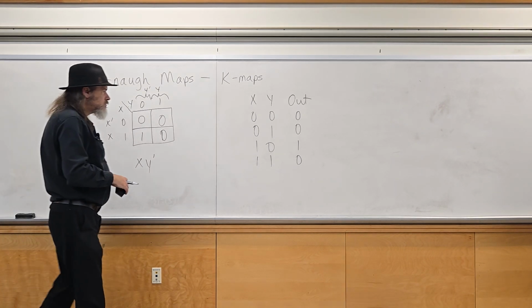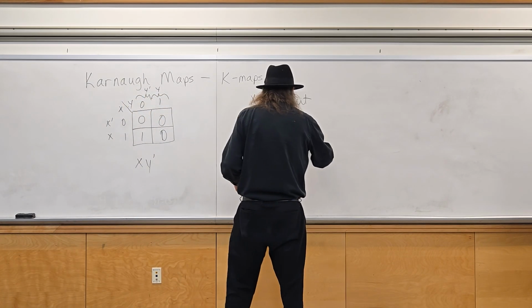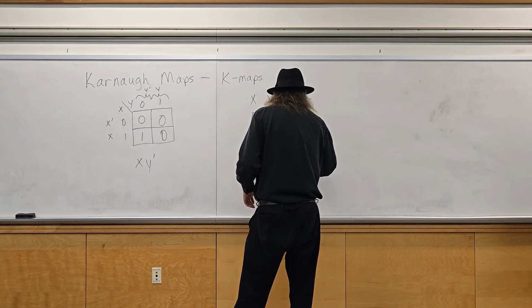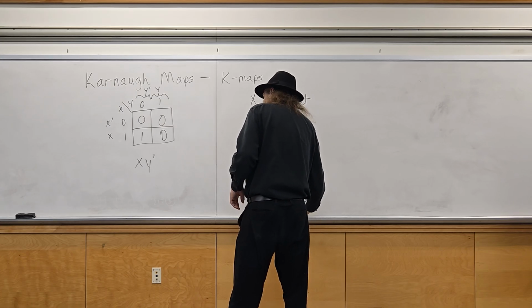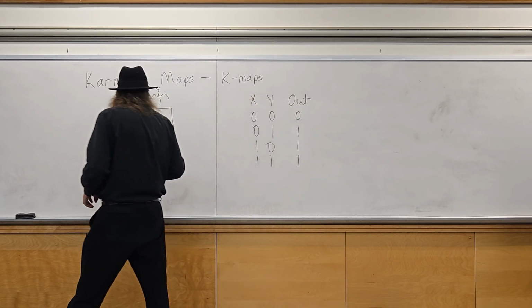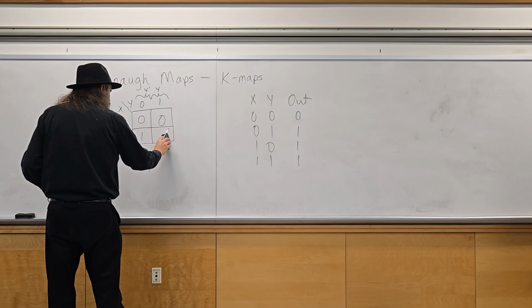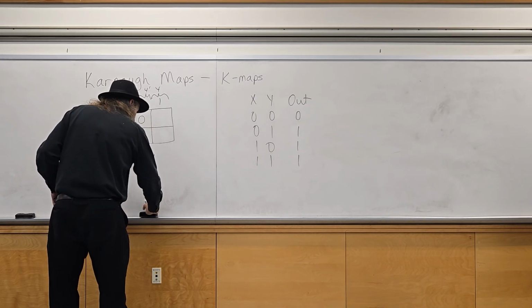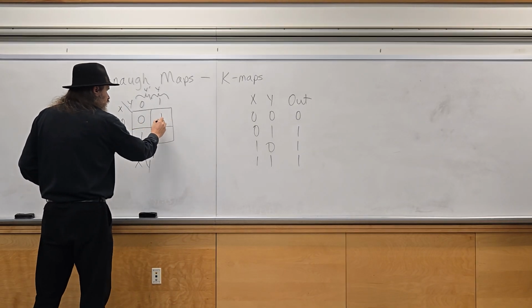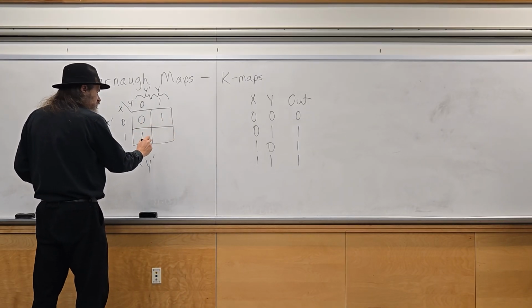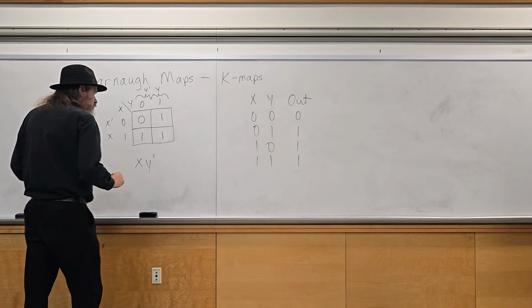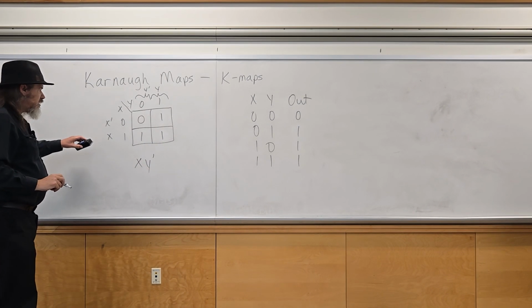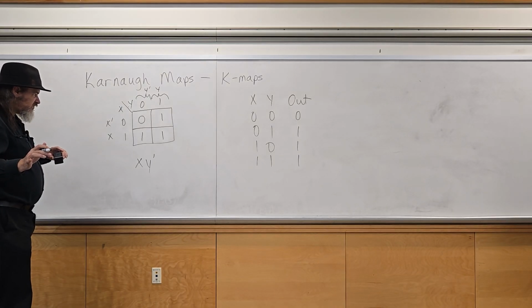You can make it a little bit more complex. 0, 1 is a 1, 1, 0 is a 1, 1, 1 is a 1. Now this is where the minimization comes in.